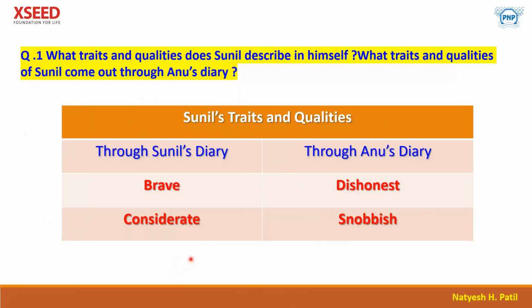He ends up revealing himself as somewhat snobbish and silly when he brags about what a genius he is or how he would give up good marks to give others a chance. However, through Anu's diary, he comes across as an outright liar and coward who deliberately manipulated facts to paint a good picture of himself. So these are the qualities or traits we have seen in Sunil, and according to Anu, Sunil was something different. Okay, very nice.